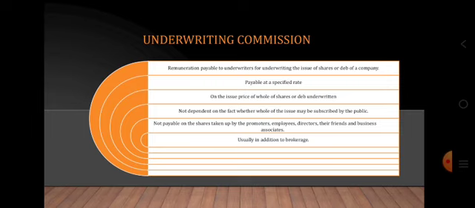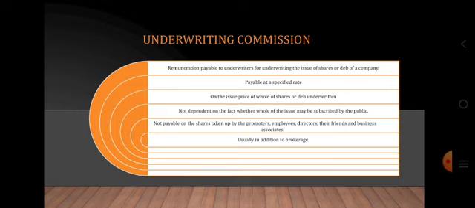Partial underwriting is when only a portion of the issue of shares is underwritten. Firm underwriting is when the underwriter must buy a defined number of shares or debentures in addition to the shares underwritten by them.